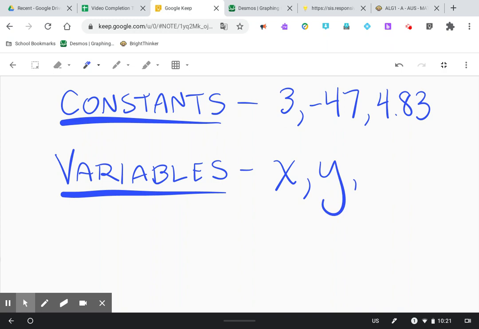But there are other letters you'll see every once in a while. So these would all be examples of variables. But the main difference between the two that you need to understand is that a constant's value stays the same, a variable's value changes. And that's what algebra is all about, looking at these variables and using relationships to figure out what the value of X, for instance, is.